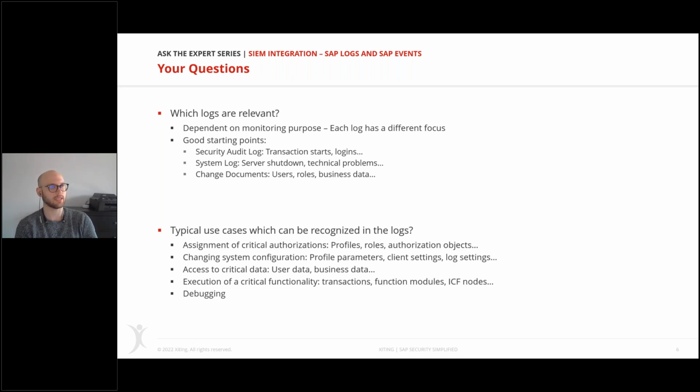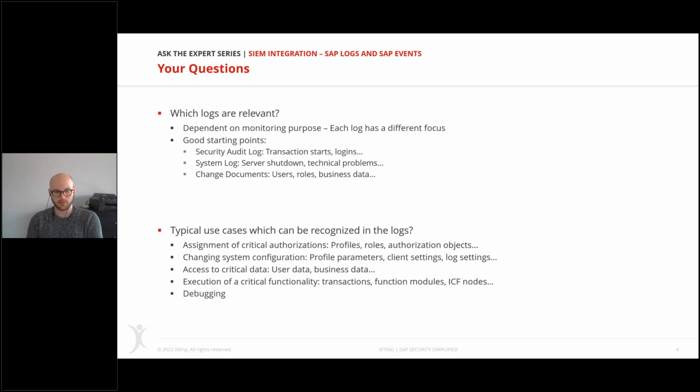Like transaction starts, remote function calls, logins of users, any authorization assignments, and so on. So the security audit log is a very, very good point where you can start. You get very useful information from that.